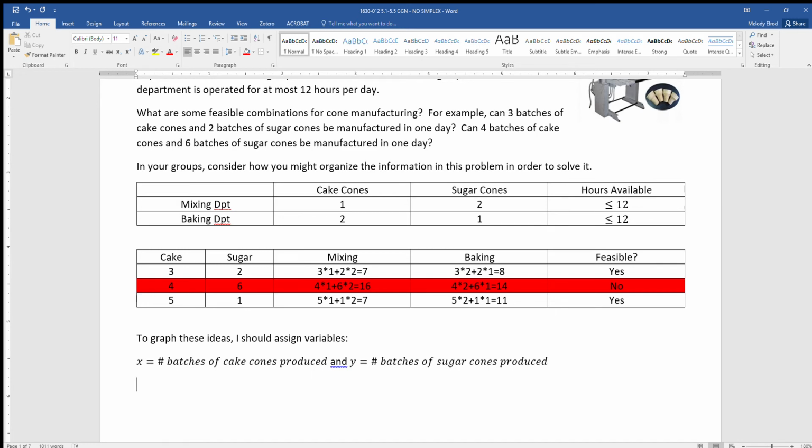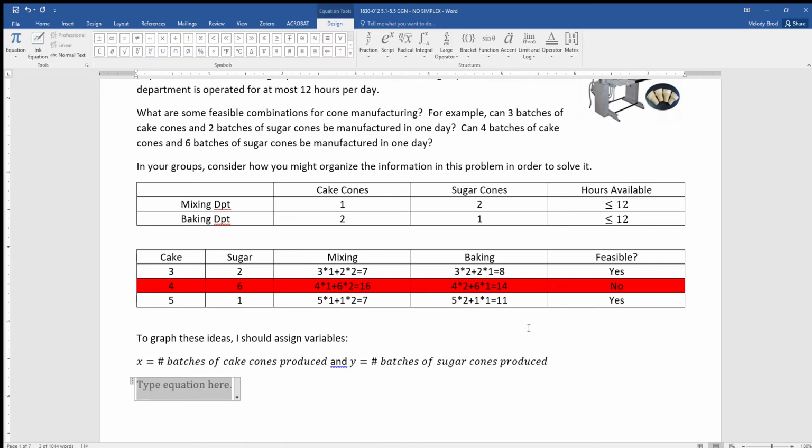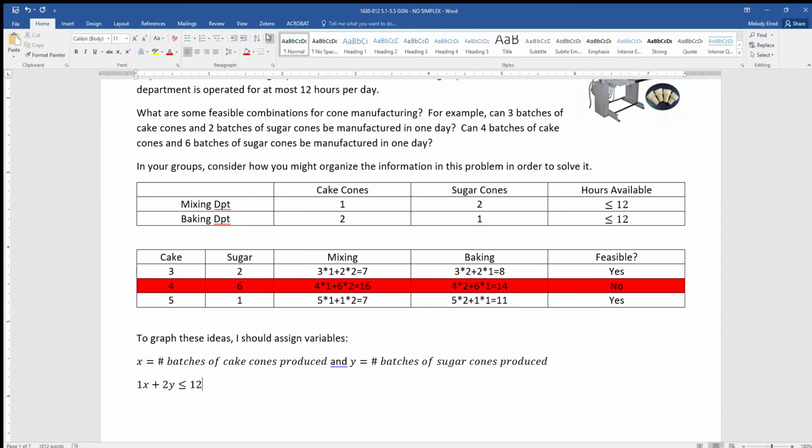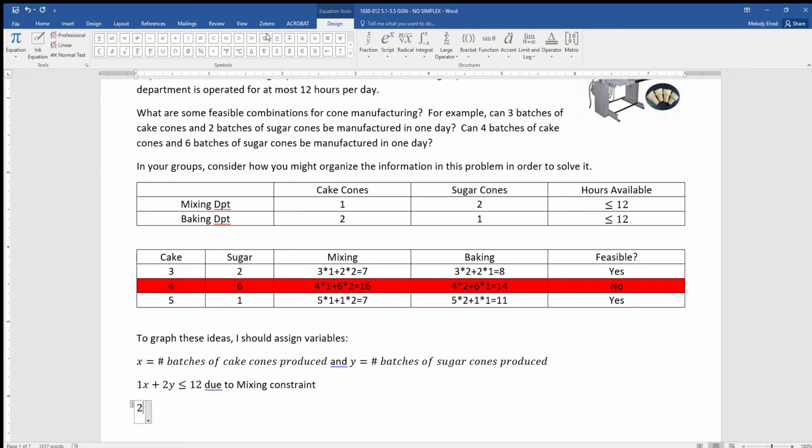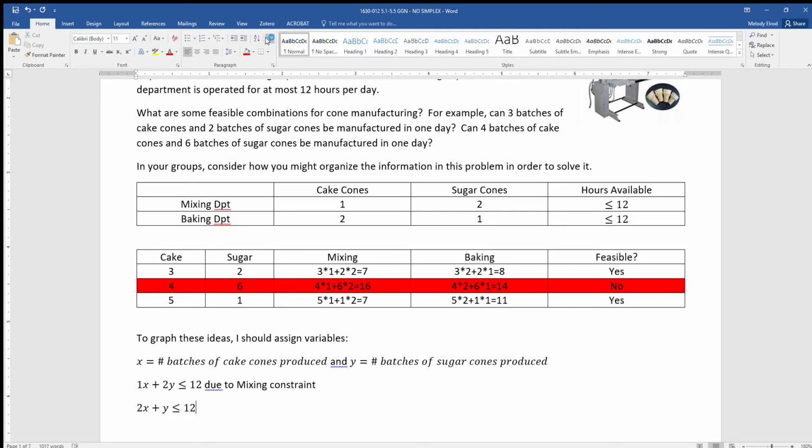So that gives us this system of inequalities. I know that 1x plus 2y is going to have to be less than or equal to 12, due to the mixing constraint, and that 2x plus y is going to be less than or equal to 12 due to the baking constraint.